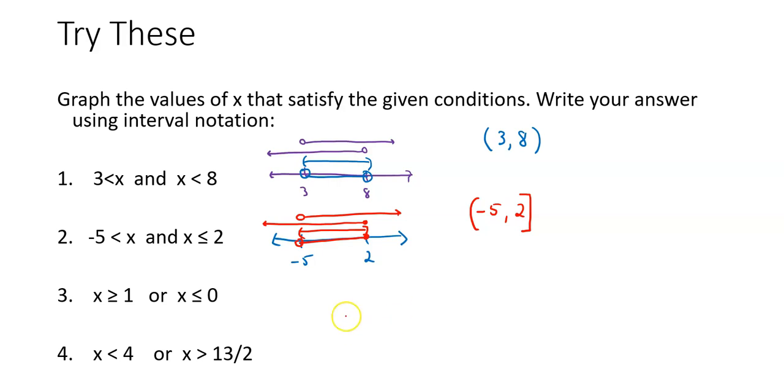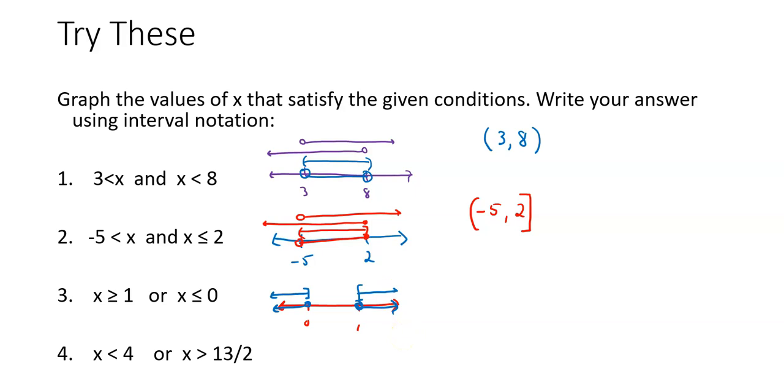All right, the third one says greater than or equal to 1 or less than or equal to 0. So there is 0, there is 1. If I want greater than or equal to 1, that's this way. Less than or equal to 0 is that way. Or you could put the closed brackets like that. So how do I write this in interval notation?